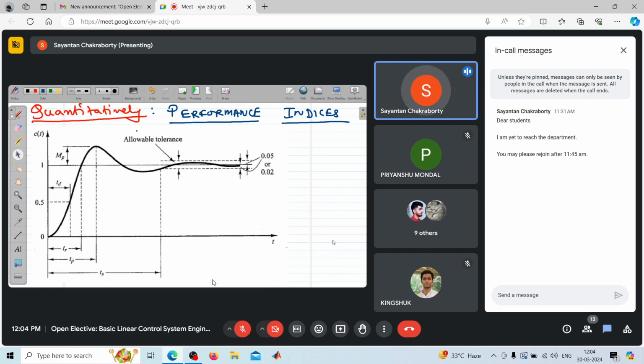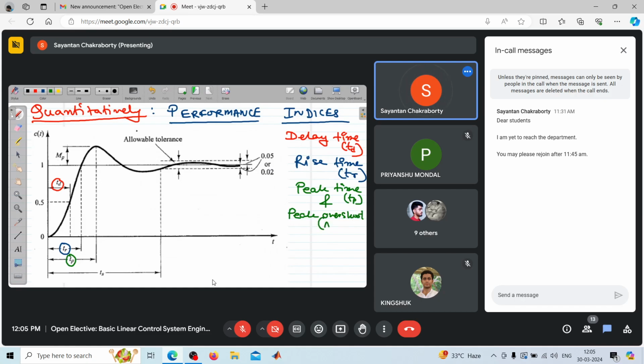Okay, so this is a typical second order response. Right now, the performance indices that tend to indicate the nature of the response are delay time, then rise time, then peak time, and peak overshoot.